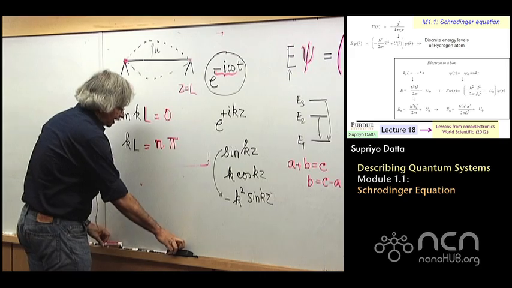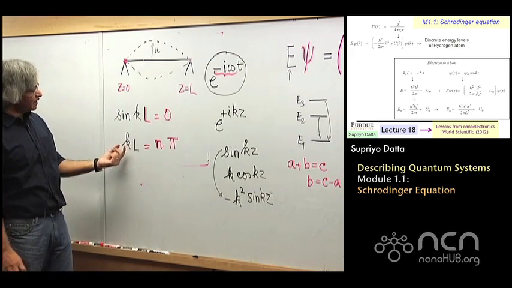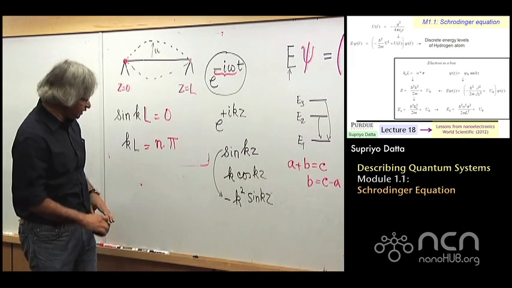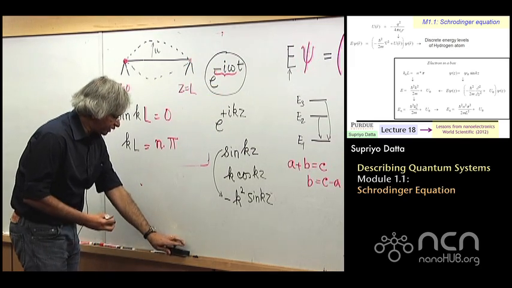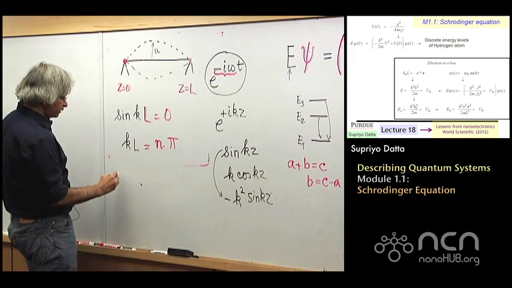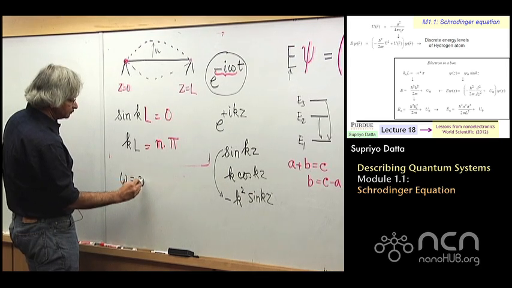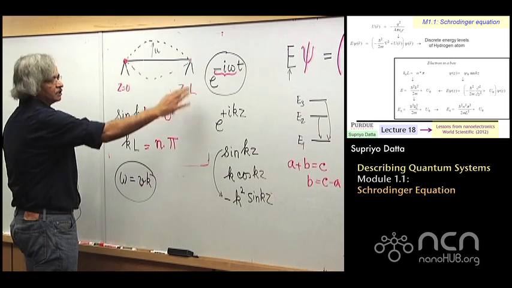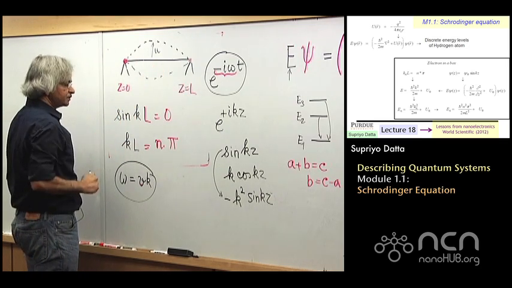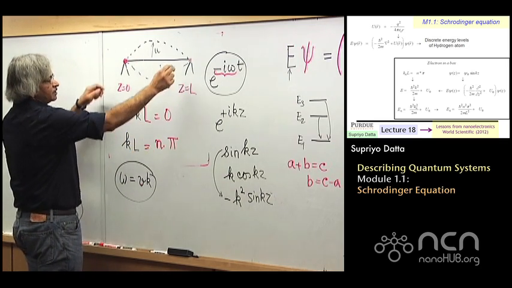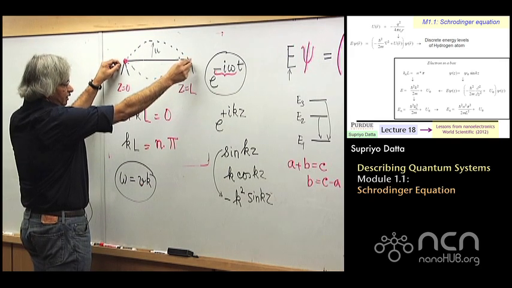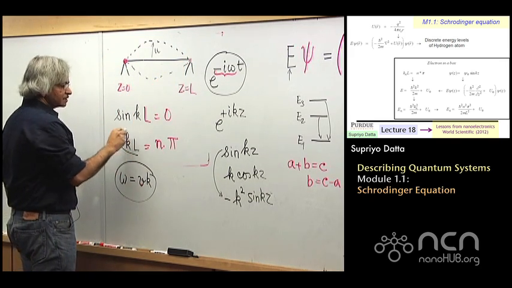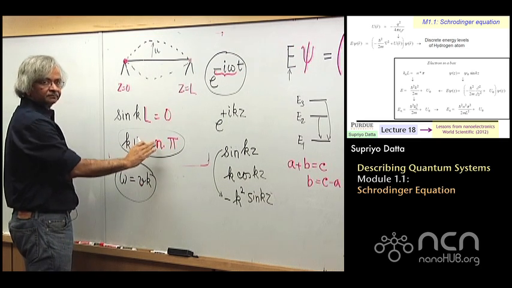So now, previously K could have any value, and as long as omega was equal to V times K, I should write that here just to remind you, omega equals Vk, this solution would satisfy the equations. But now what we find is, as soon as we impose this boundary condition, any K is not allowed. K's must obey that relationship.